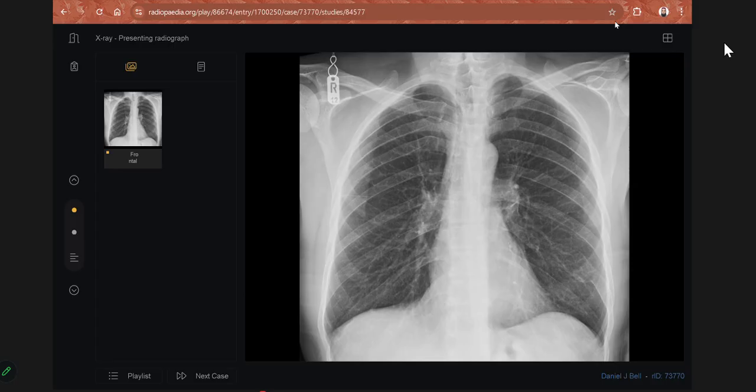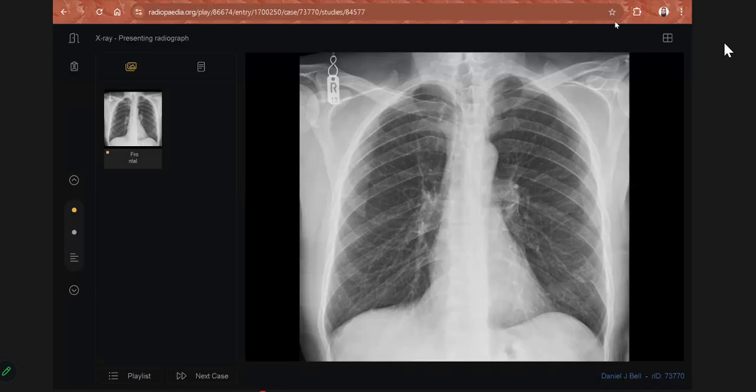There is no pneumothorax. Grossly the rib cage as well as the other bones appear normal. So I will be thinking of bilateral hilar lymphadenopathy.